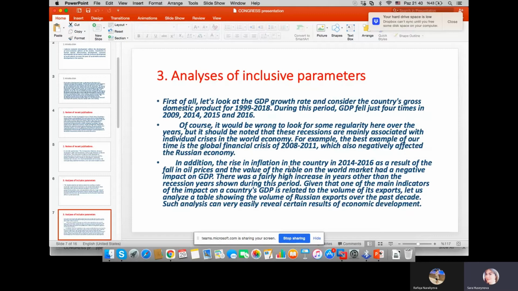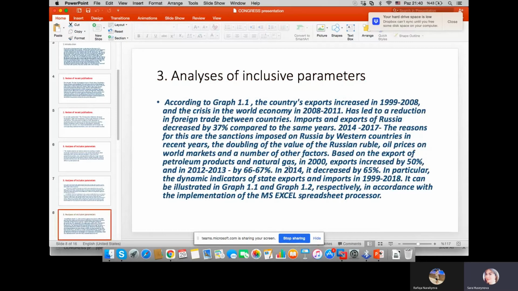And then we have the next inclusive parameter, the economic inclusive parameter. According to graph 1.1, it is about the export of the country.